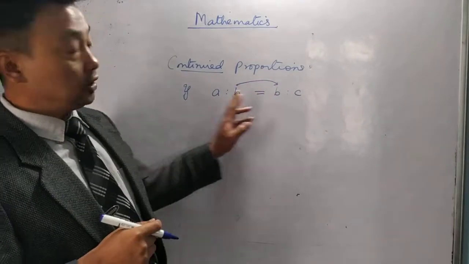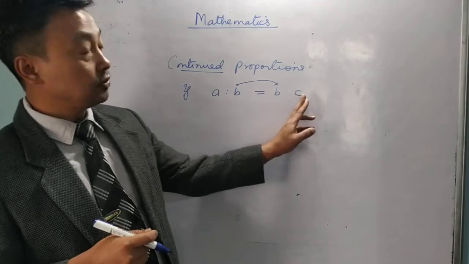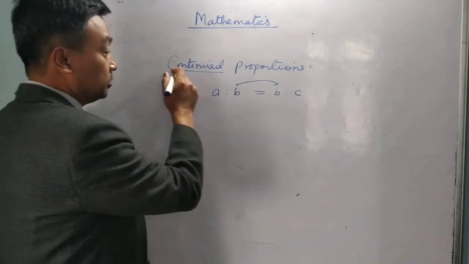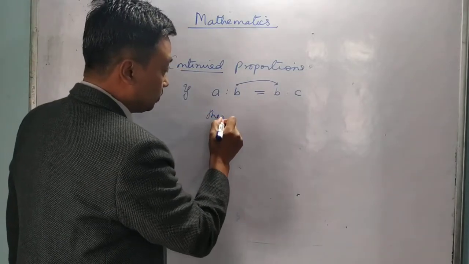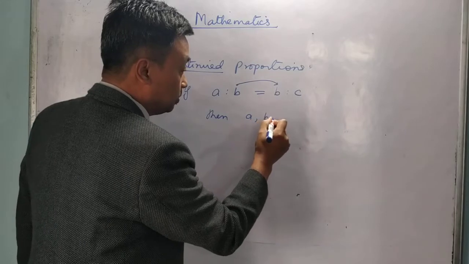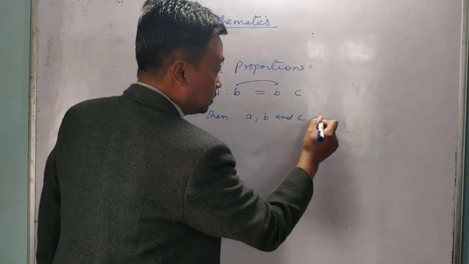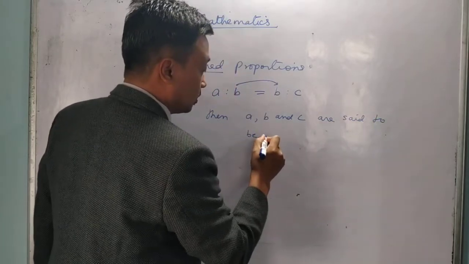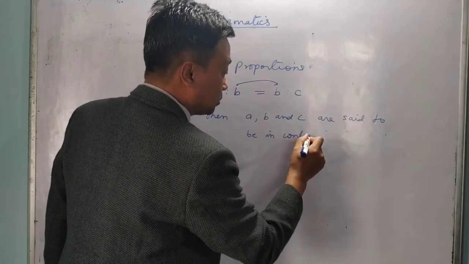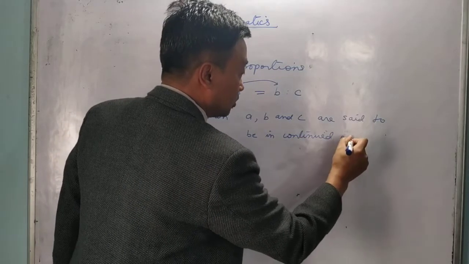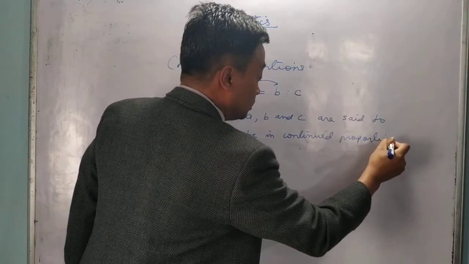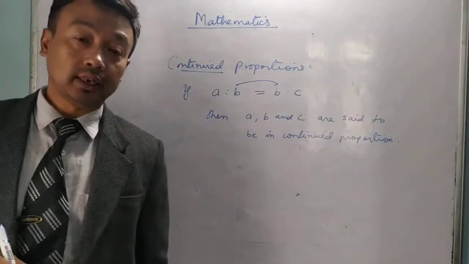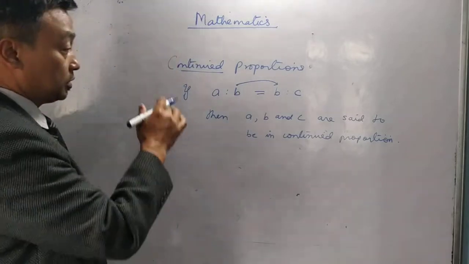So we have only three terms here, A, B and C. Then we say that A, B and C are said to be in continued proportion. This is the chapter which we already discussed in the previous classes, for example class 8 and class 9. So this is just a kind of revision.